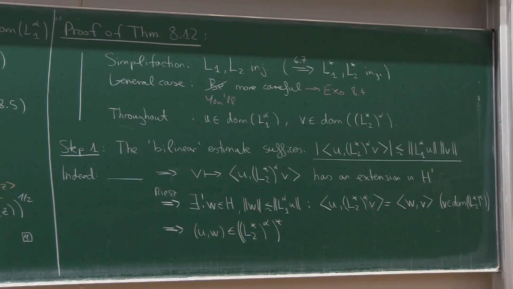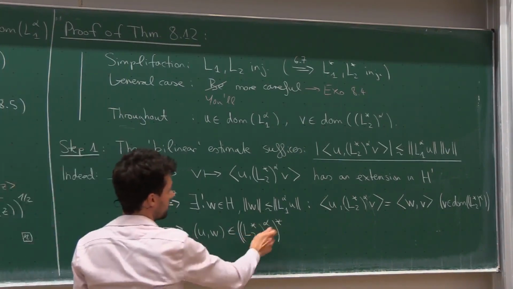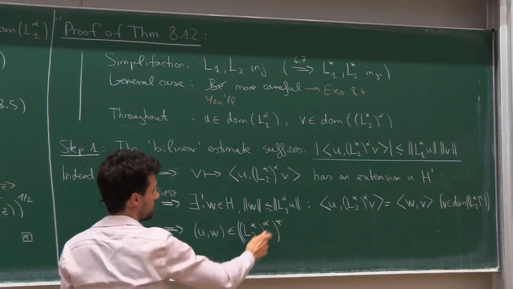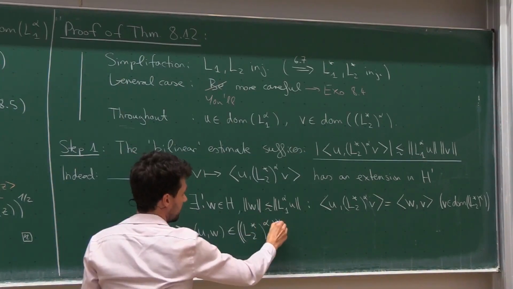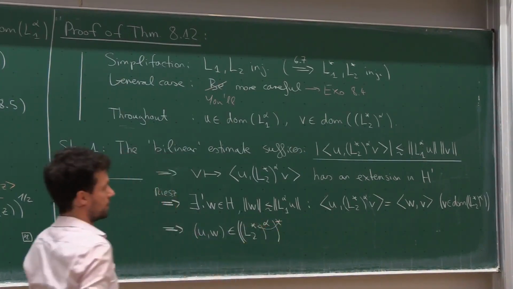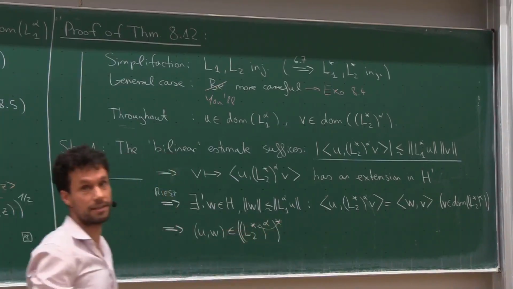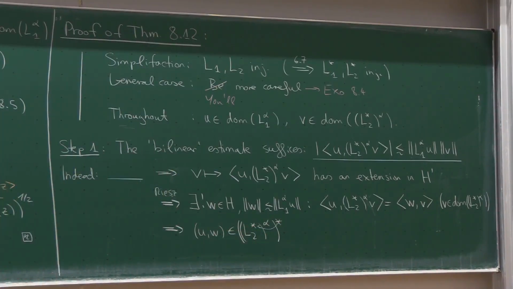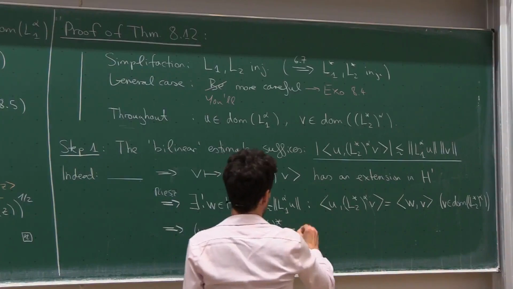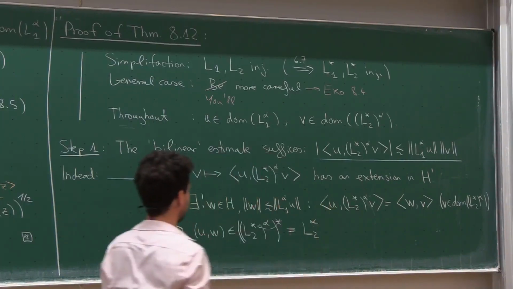Sweet. But now we have these computation rules for adjoints and fractional powers. So the star can be interchanged with a fractional power exponent alpha, but once the star is interchanged, then there's the clash of these two stars, and L2 star star is L2, because L2 is a sectorial operator, so it's closed, densely defined. And so this is just the same as L2 to the alpha.